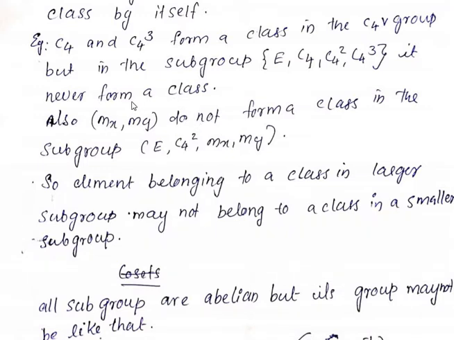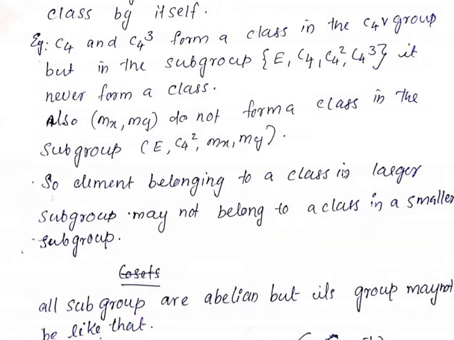But another subgroup of the C4V group is E, C4 square, Mx and My. Here, Mx and My never form a class in this E, C4 square, Mx, My subgroup.